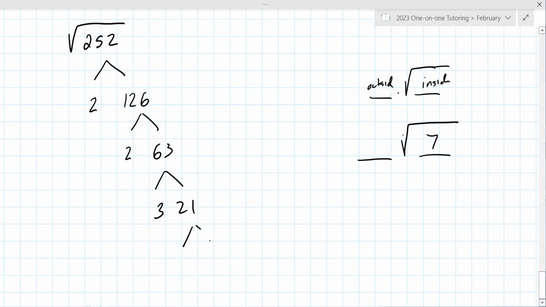Good. 21 divided by 3 is 7. What numbers are on the outside, Sourish? Start up here.